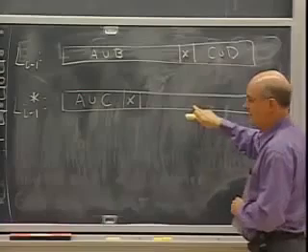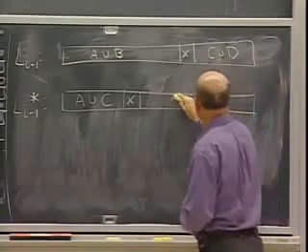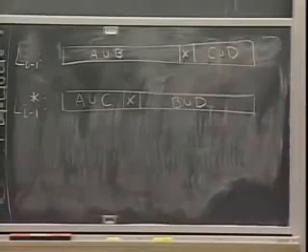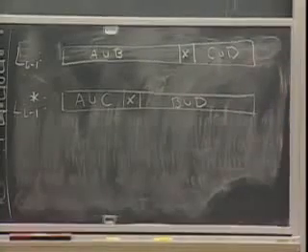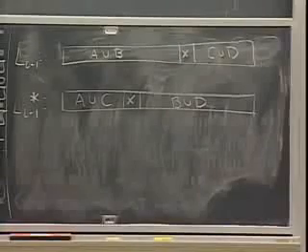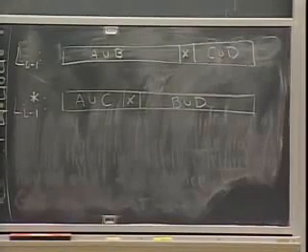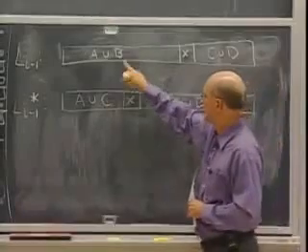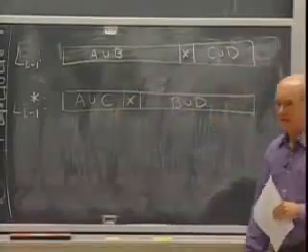And here is B union D. So those are the four sets that we're going to care about. We're actually mostly going to care about these two sets.